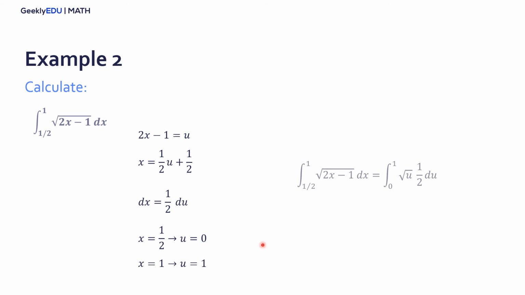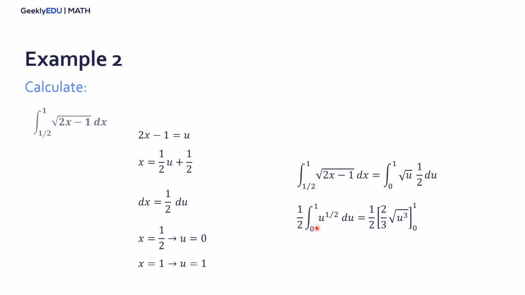Now we go back to our integral. We have 2x minus 1 equals u, right? So we have the square root of u here. And dx equals 1/2 du. So we end up with the integral from 0 to 1 of the square root of u times 1/2 du. This 1 over 2 here is a constant, we can take it out of the integral, okay?